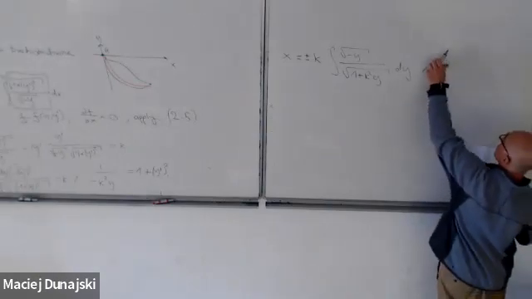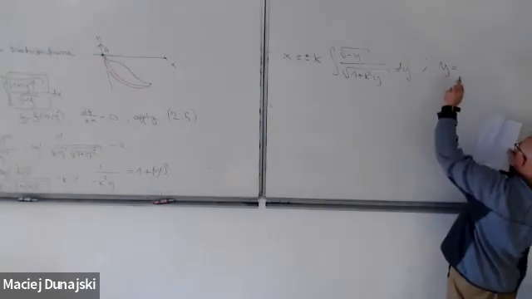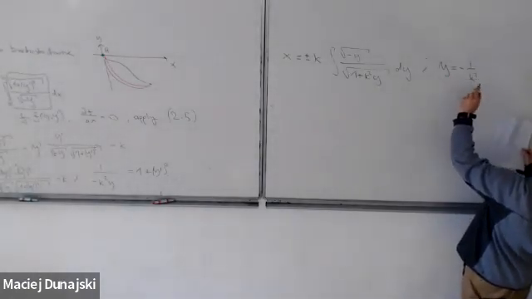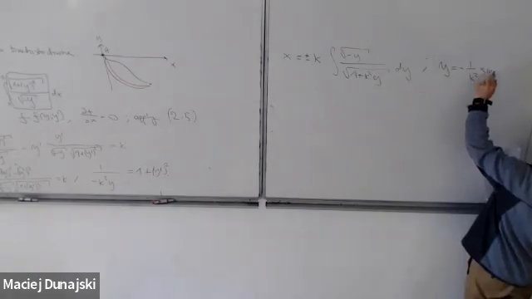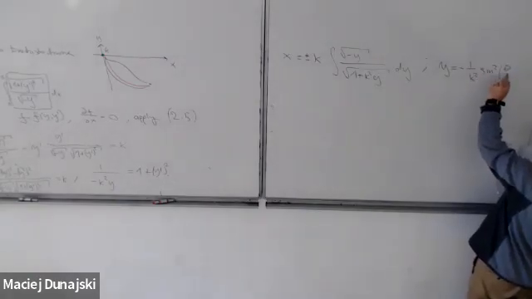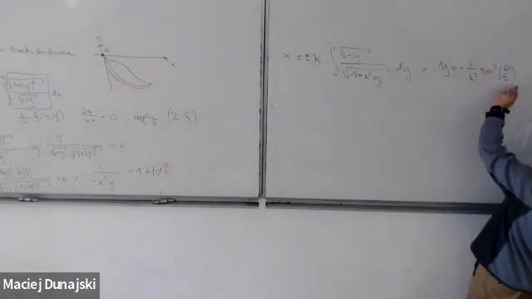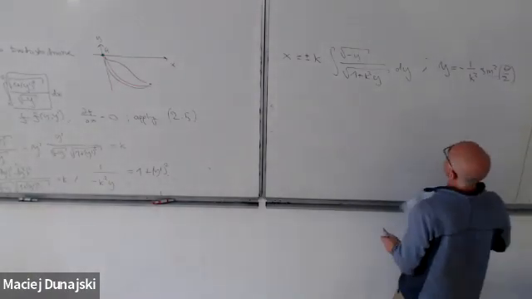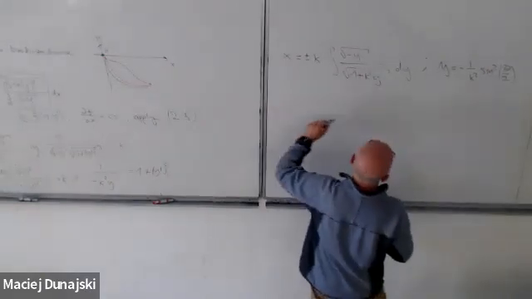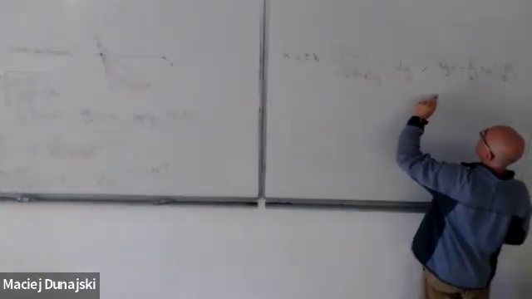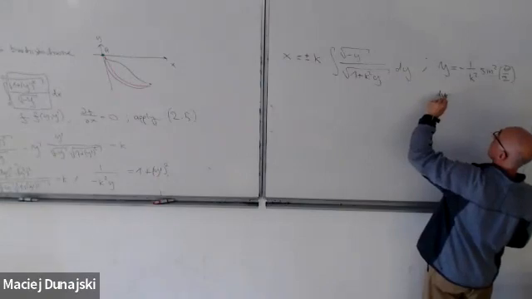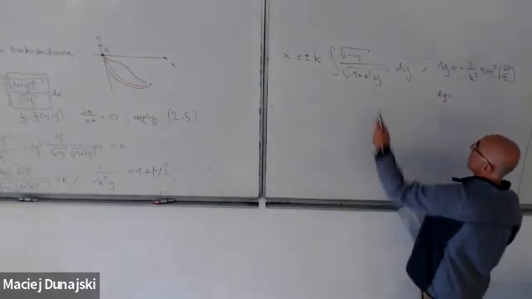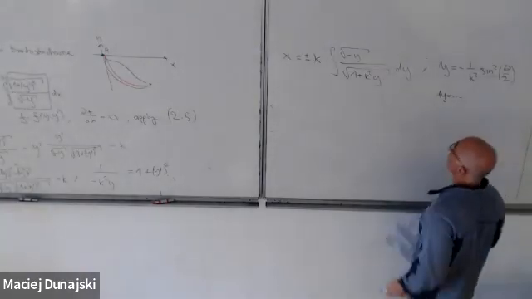Okay, so the substitution is this. You take y to be minus 1 over k squared sine squared theta over 2. Then from there, you calculate dy in terms of sine theta and d theta. You substitute it here and there.